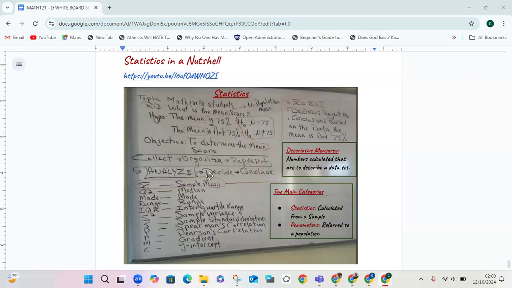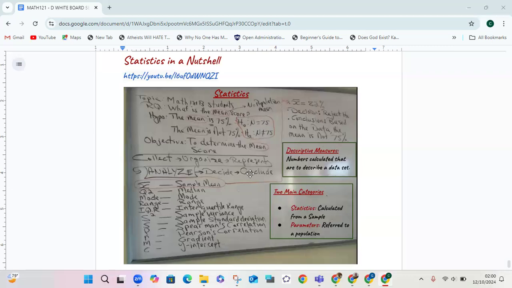So now you are in a position to decide whether to reject the null or not to reject the null. So since 75 appears to be significantly different from 82, those two statements are saying significantly different information. So the decision is to reject the null.